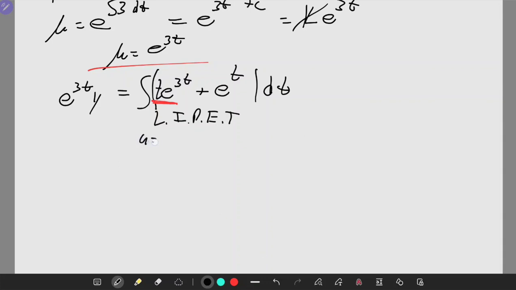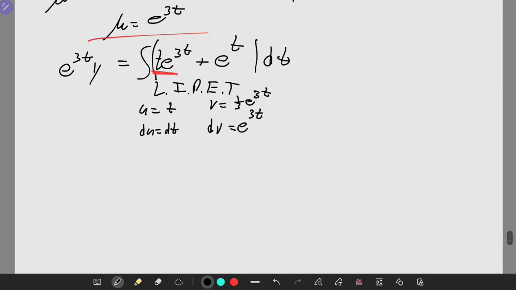So my u would be polynomial. We have t first. du is dt. My dv would be e to the 3t. My v would be 1/3 e to the 3t.